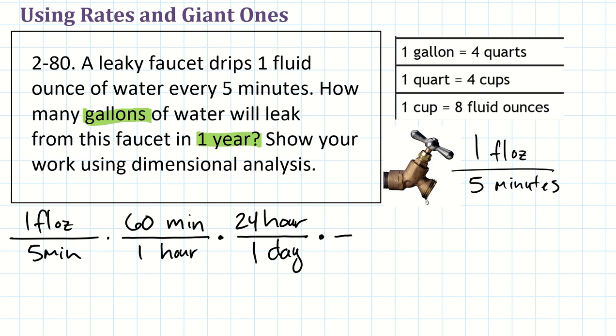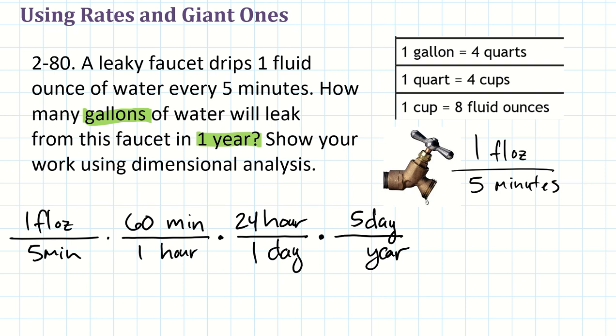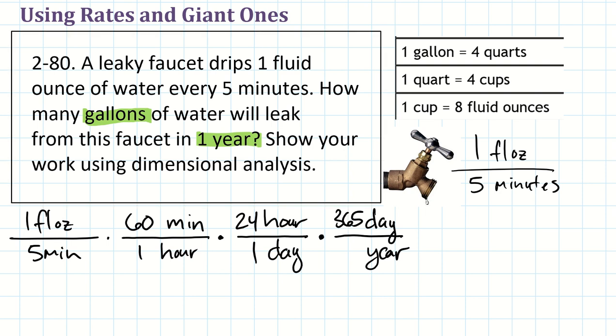And then finally, one more giant one I can multiply, and that has to do with days in my numerator. So I've got days in the top, and I want my days to be eliminated with the days that were in the bottom. That's why I put days in the numerator, and then I have here a year, and I know that there are 365, actually a little bit more than that, 365 days in a year, but we'll just leave it at 365.